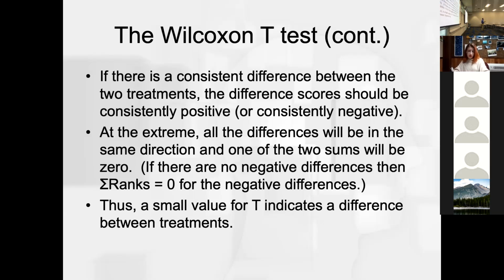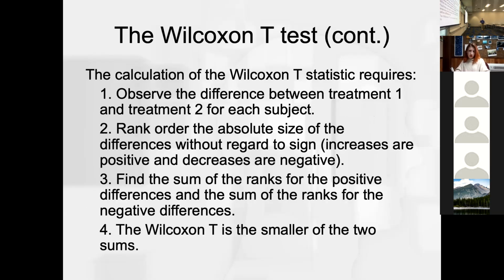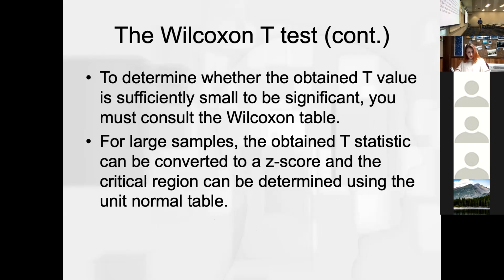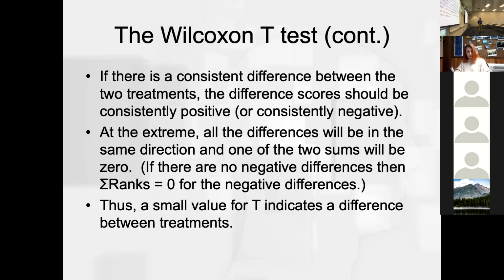If we have no negative differences, summing all of the negative difference ranks will just be 0, because we have none of them. Thus, as with the Mann-Whitney U, a small value for T indicates a difference between treatments.